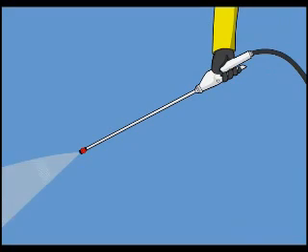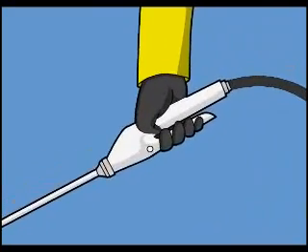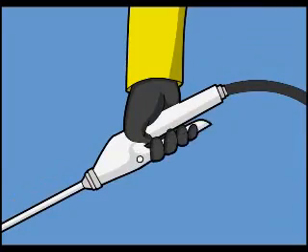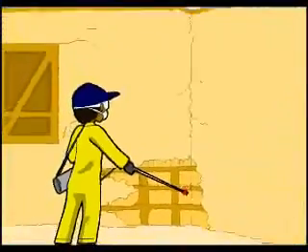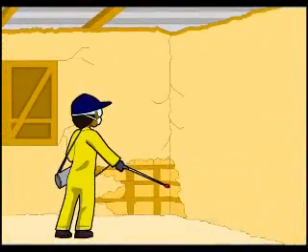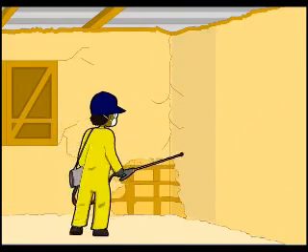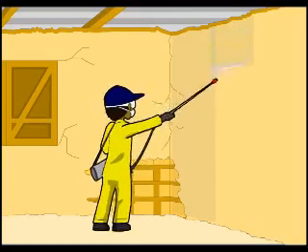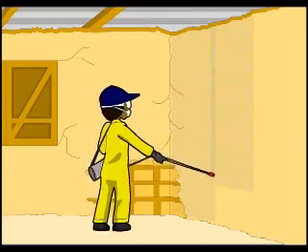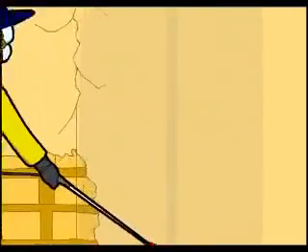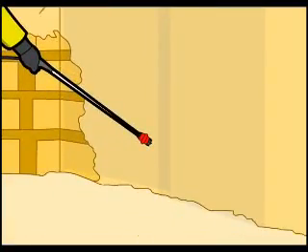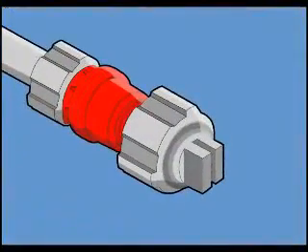Operate the trigger on-off valve to make sure that spray is emitted from the nozzle. Check the spray pattern from the nozzle by spraying a dry wall surface. Look to see that the spraying pattern is even and without streaks. Ensure that the nozzle does not drip when the trigger on-off valve is released.